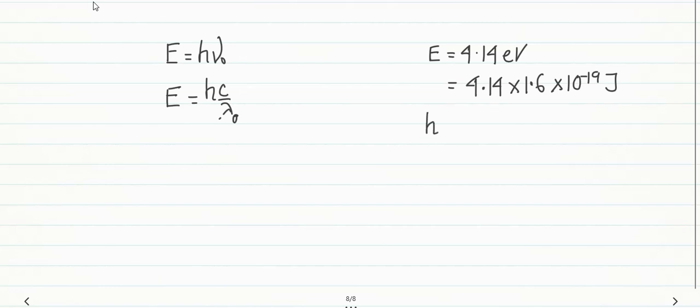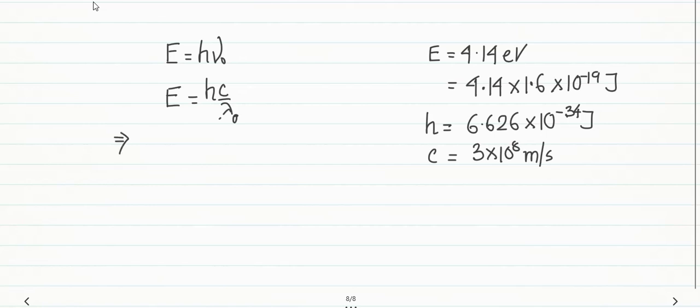What is h? h is the Planck's constant, that is 6.626 into 10 to the power minus 34 joule second. c is the velocity of light in vacuum, that is 3 into 10 to the power 8 meter per second. So let us put all the values here such that we can find the threshold wavelength.